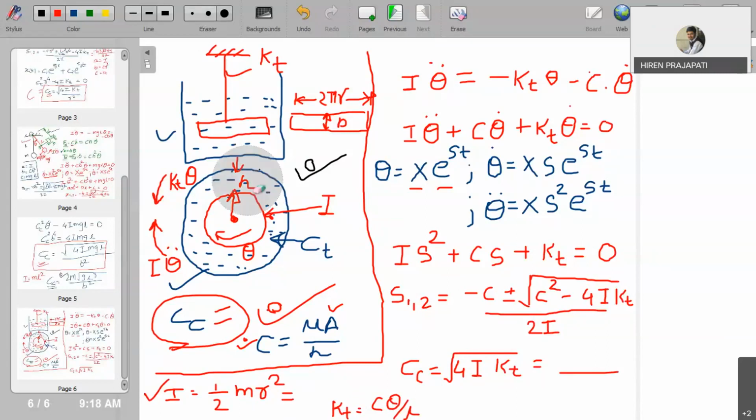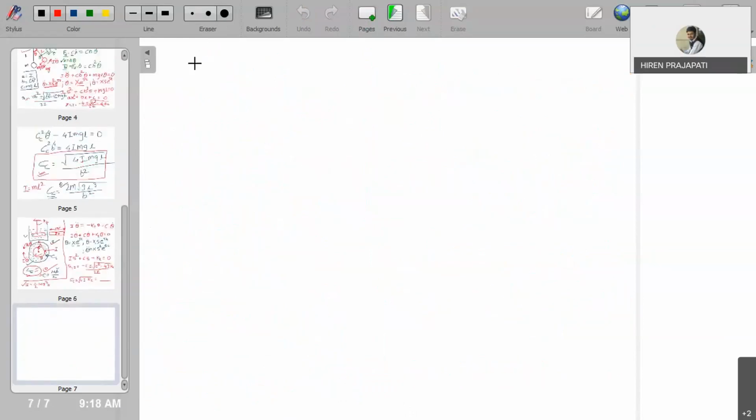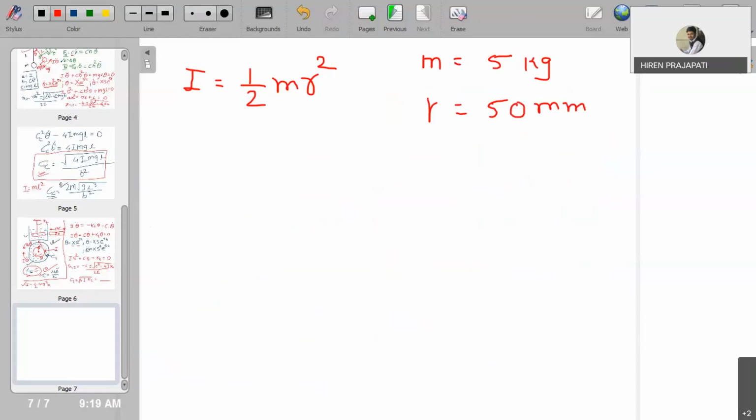Let me show you. If you consider the torsion equation, let me take one new page. So I is 1/2 m r square. Now suppose I tell you the mass of this is 5 kg and the radius is suppose 50 mm, right?